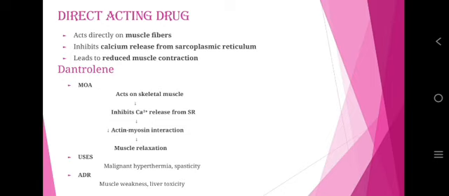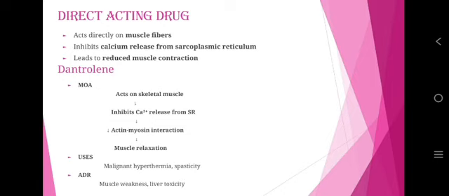If this activity is inhibited or reduced, it automatically reduces the contraction. If the contraction reduces, then muscle relaxation happens. This is the outline for the mechanism of action of dantrolene.